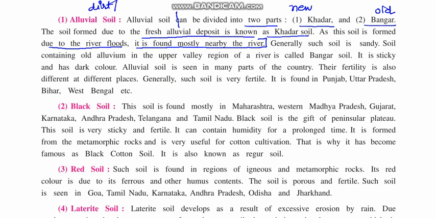Now as I was saying, dirt, then soil, then debris, then trees, even animals, whenever there is a flood they are flown into the water, and they are ultimately deposited on the banks of the river, and that's why this is mainly found near the river.